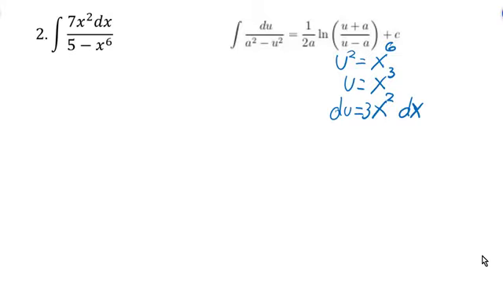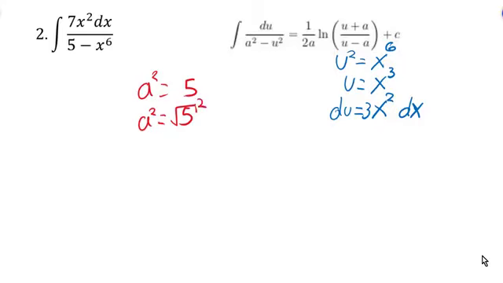Going forward, we need to now resolve the a thing here. So a, there's a trick: if a squared is 5, we can also say that a squared is the square root of 5 to the 2nd exponent.